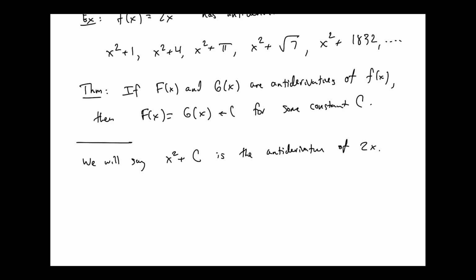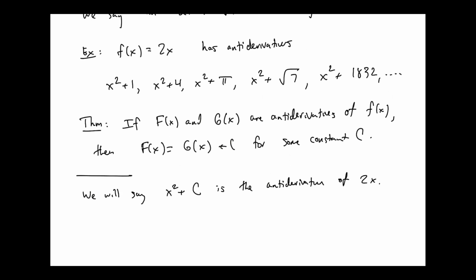Now, from a graphical standpoint, let's go back to my little list of the examples. x squared plus 1, x squared plus 4, x squared plus pi, and so on. What do those look like if I were to graph all of them? What shapes would I get?